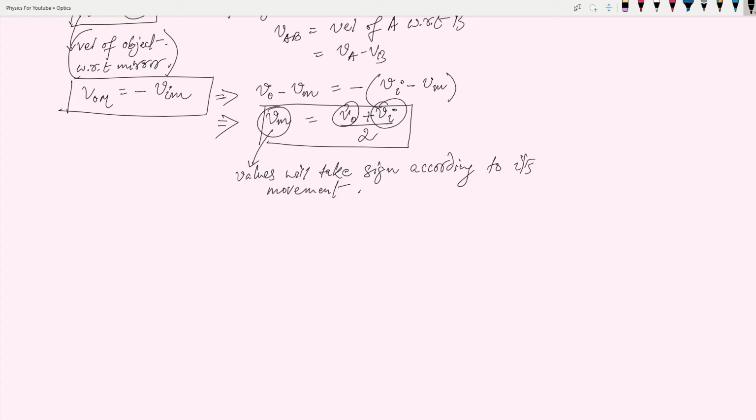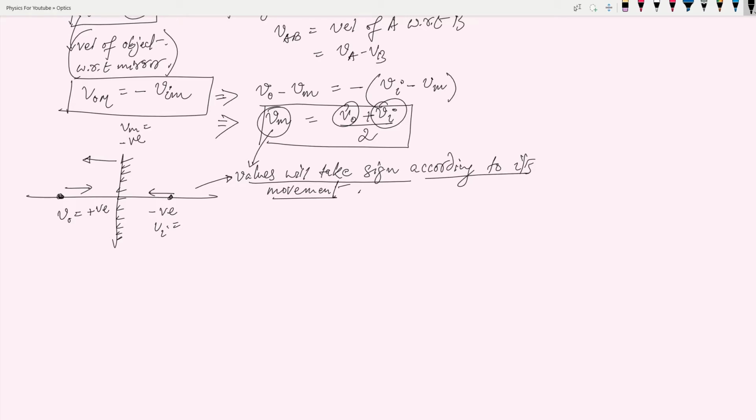Okay, suppose if this is the mirror, and if the mirror is moving towards left side, then we will take velocity of M as negative. Okay, that is VM will be negative. If the object is moving towards the right side, then we will say that VO is positive. If the image is moving in this direction, then we will take this as negative, that is VI will be negative. This is what I meant when I said values will take sign according to its movement. I hope this much is clear.